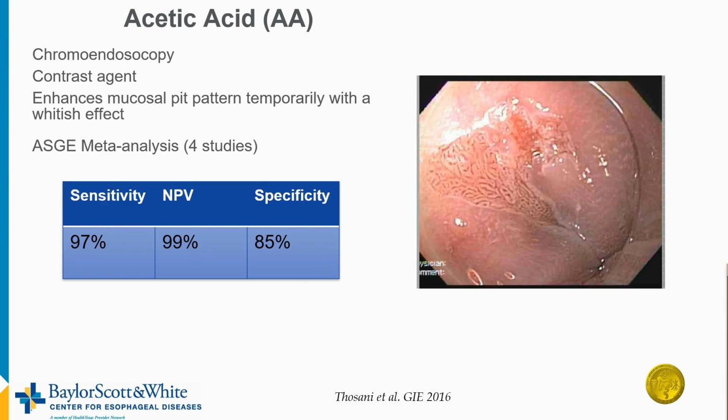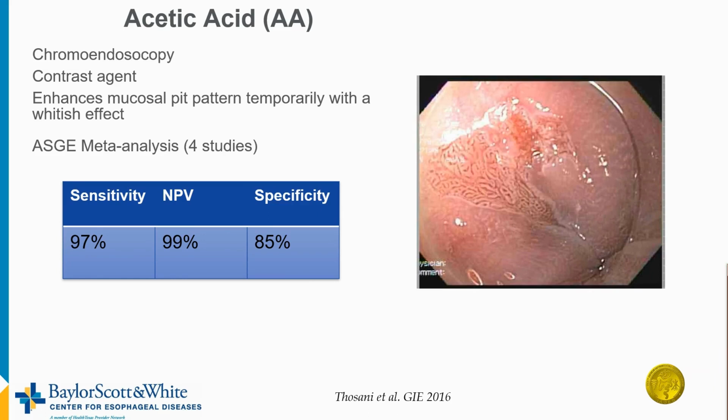Chromoendoscopy is a technique where an agent is sprayed onto the mucosal lining, and then an enhanced visualization of the mucosa allows for targeting biopsies or resections. Acetic acid is a contrast agent which has met ASGE thresholds for surveillance for the detection of dysplasia and can be utilized for surveillance protocol.